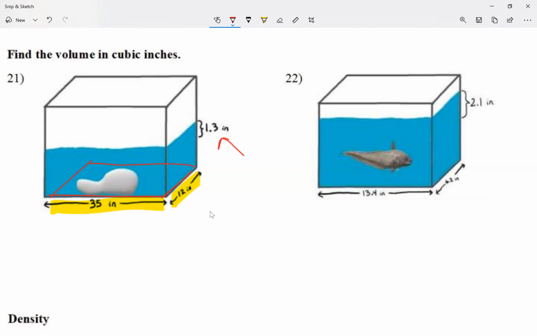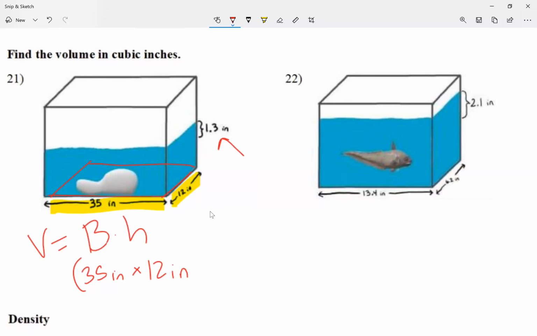Now here, if I wanted to find the volume in cubic inches of this figure, I just remember the volume. Last week, we talked about prisms. It was the area of the base times the height. In this case, the base is a rectangle, 35 inches times 12 inches. That's the base. And the height, how much height did it change? 1.3 inches. Interesting is that I have inches times inches times inches.